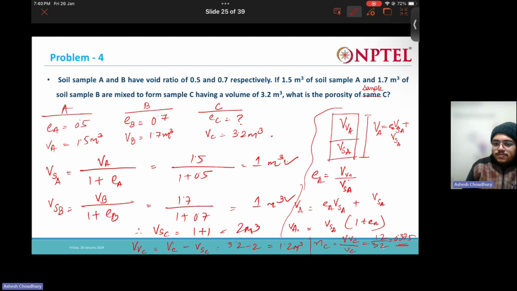It is 3.2 meter cube. Out of 3.2 meter cube, 2 meter cube is occupied by the volume of solids. So 3.2 minus 2, 1.2 meter cube, is occupied by the volume of voids. If I know the volume of voids, now we can determine the porosity. That's all. Simple.